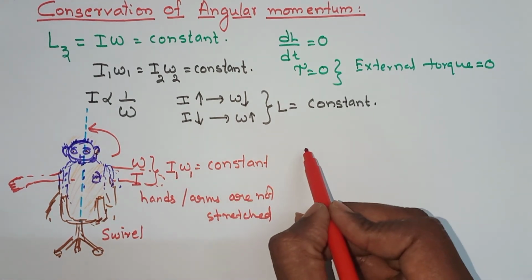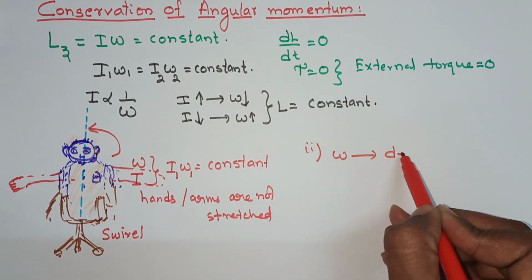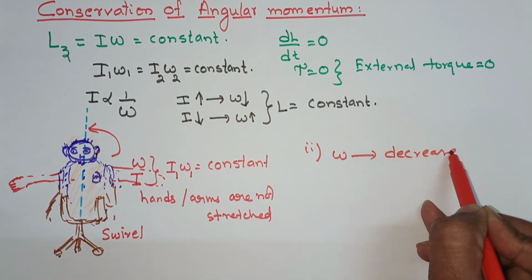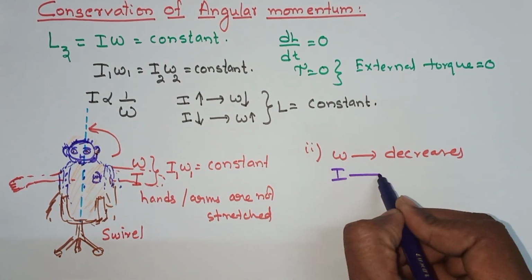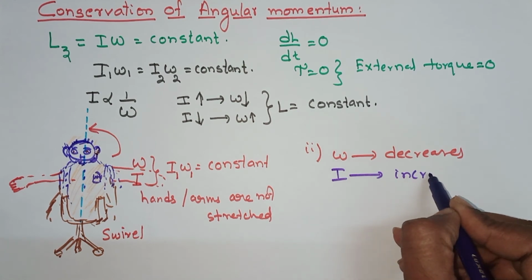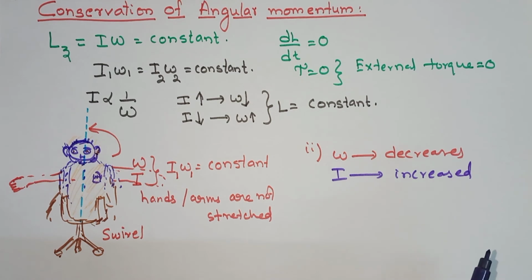The angular velocity decreases. Angular velocity decreases because the I value, moment of inertia, is increased. Omega decreases, I increases.